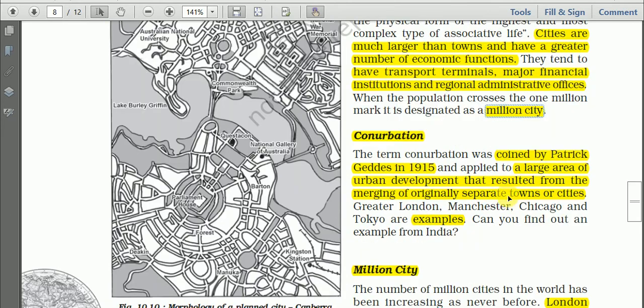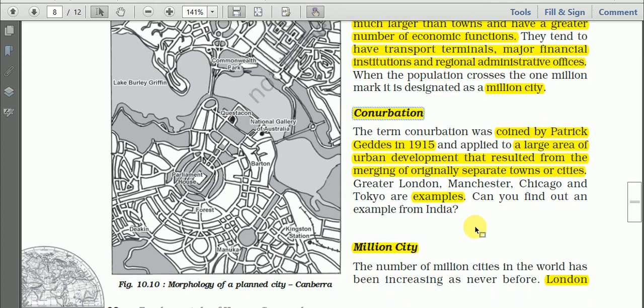And next we have the term conurbation. This term conurbation was coined, introduced by Patrick Geddes in the year 1915.